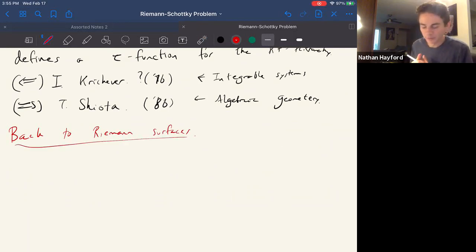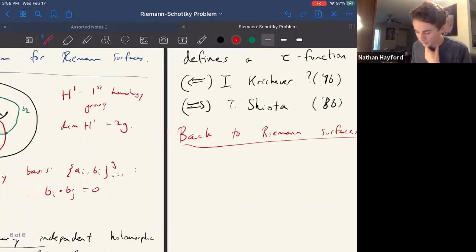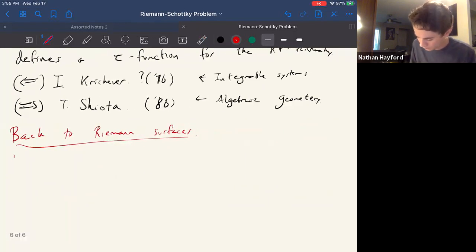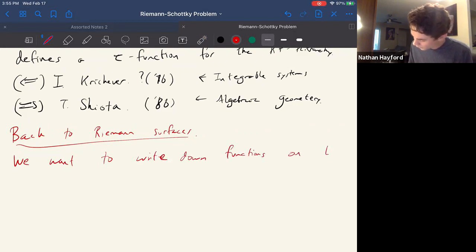So it's of interest to try to write down functions on Riemann surfaces like this. So we want to write down functions on these Riemann surfaces with prescribed singularities.